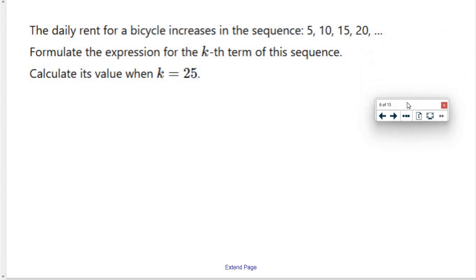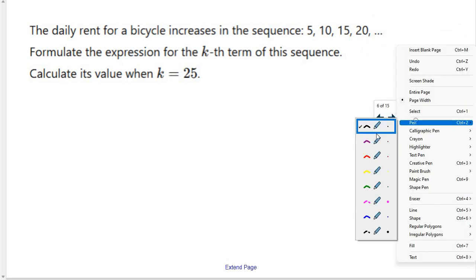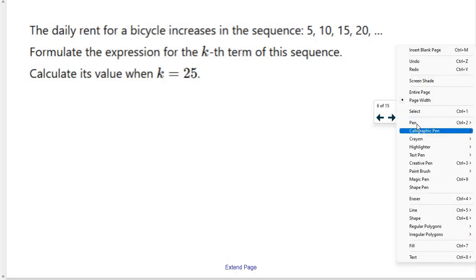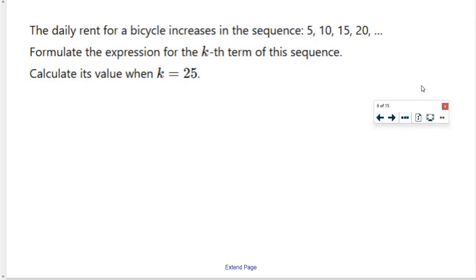All right. The next question is talking about the daily rent for a bicycle. So the daily rent for a bicycle increases in the sequence. We're given again a sequence, but it is talking about the daily rent for a bicycle.